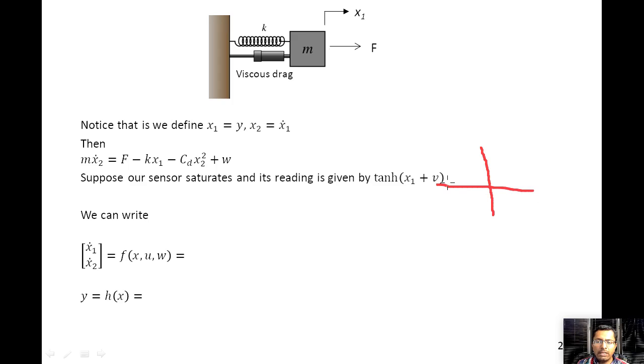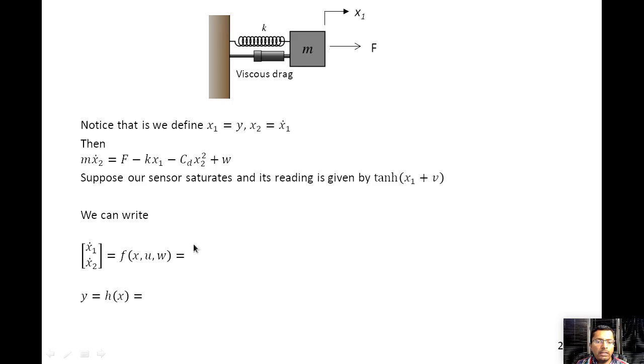This is going to be my x and y axis. The function goes past the 0, and then it saturates past a particular value. This is the assumption for my sensor over here. And in this case, what we can do is write the f as follows.